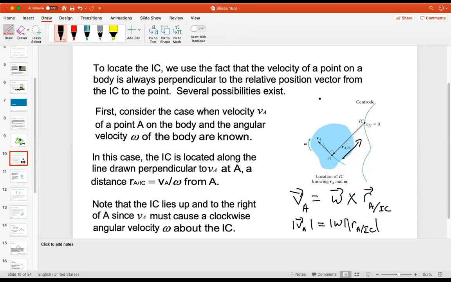So because this thing is rotating in a clockwise fashion, the center is going to be up and to the right of that point. If it had been curving downwards, then the center would have been down and to the left. So it's useful just to have a feel for where these things could be.